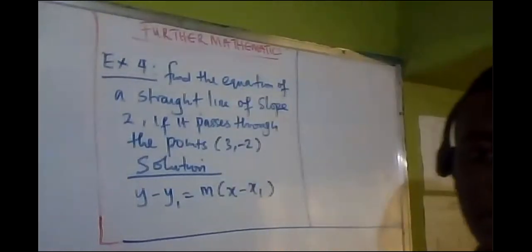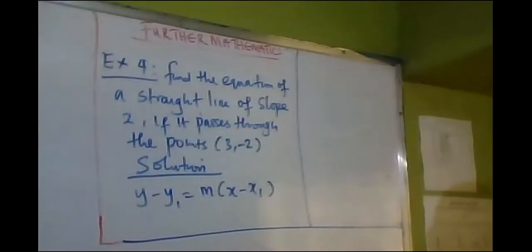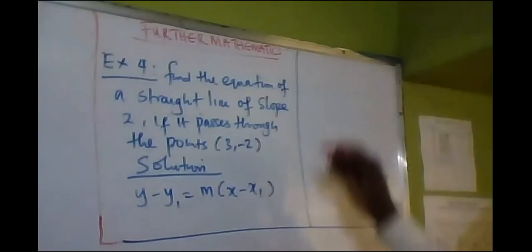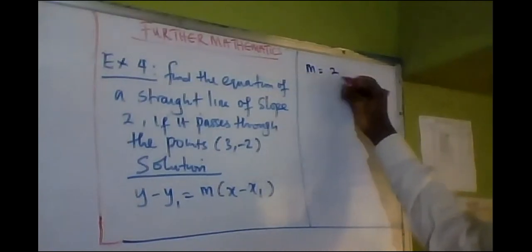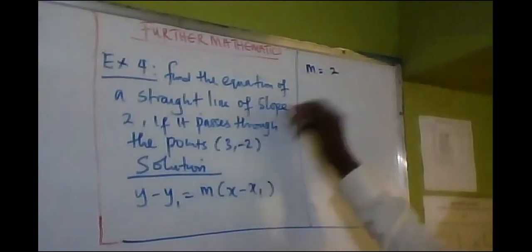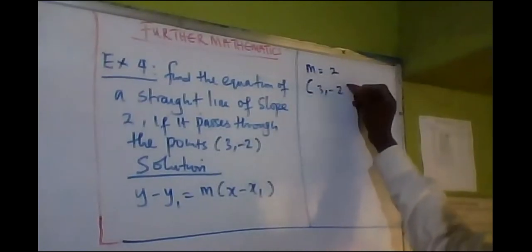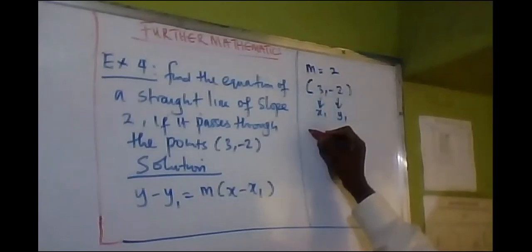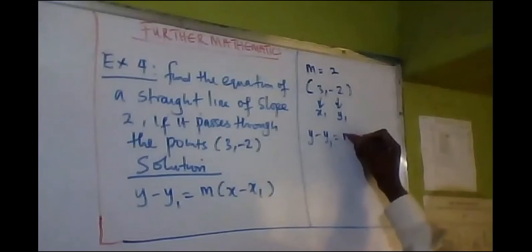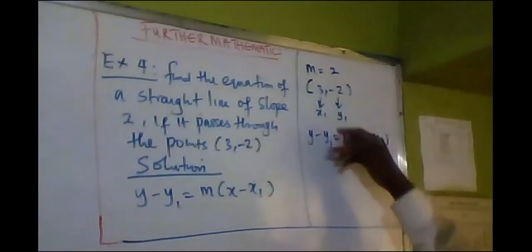Now let's proceed. Our slope m was given to us as 2, which is the gradient. The point that was given to us is (3, -2), so this is my x1, this is my y1. My formula is y minus y1 equals m into x minus x1. So just put in the formula.